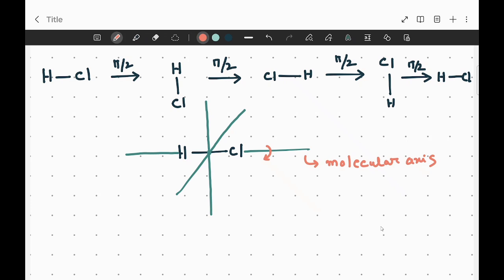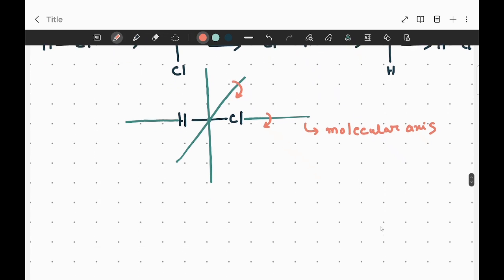So both rotations are equivalent to each other, so you can consider any of the rotations. So here we have drawn that rotation along this axis. When you rotate it, first it's HCl, then if you rotate, HCl again rotates. So there will be this kind of rotation around this axis. There will be four structures generated. So you see, all structures are different.